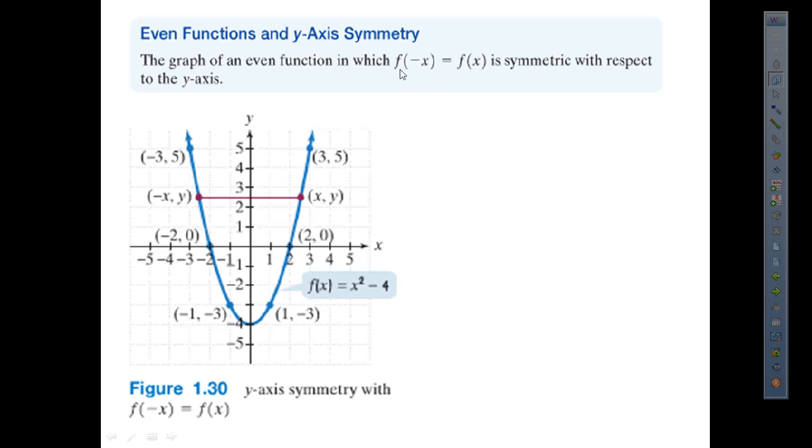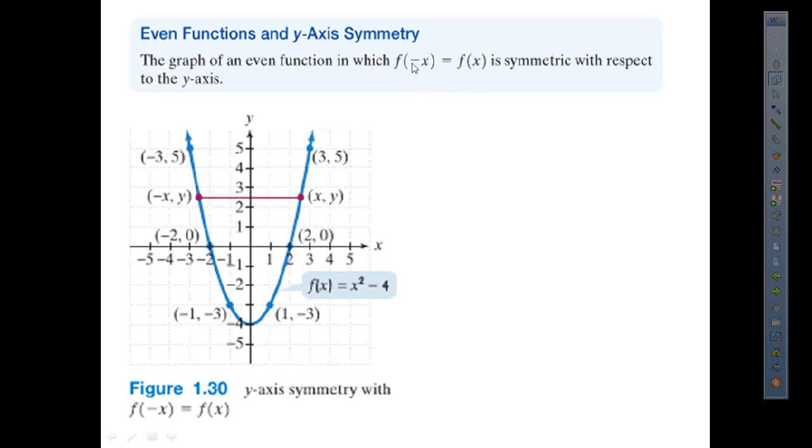What happens here? Remember, we're saying that these two y values, f of negative x and f of x, are just y values. And we're saying we have the exact same y value whether the x is a positive x or its opposite, the negative x value of that. That's telling us what we're looking at on this graph right here.